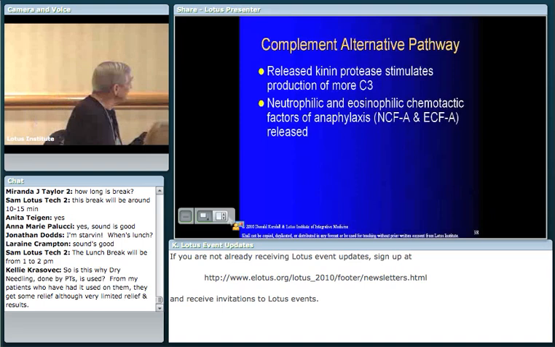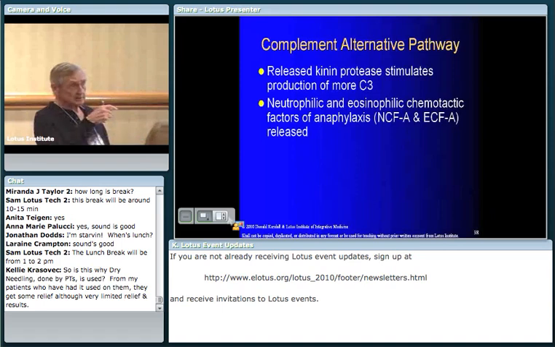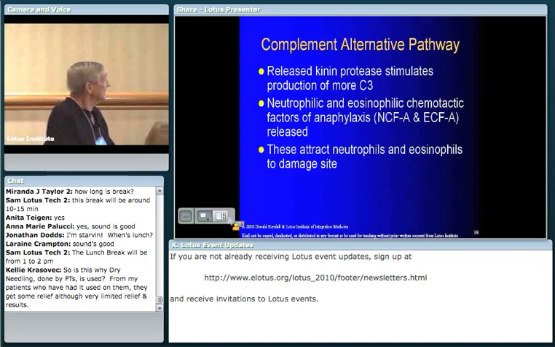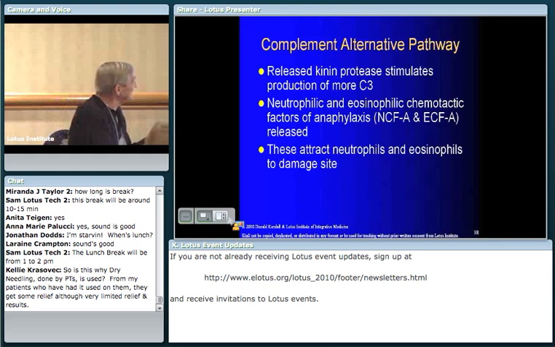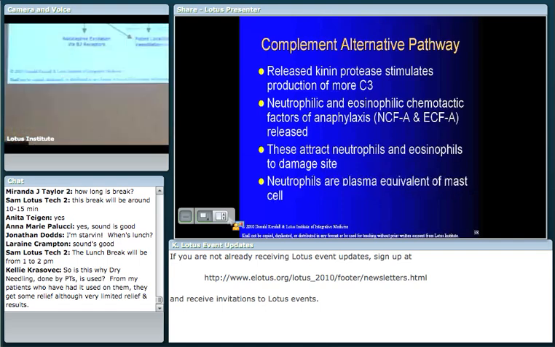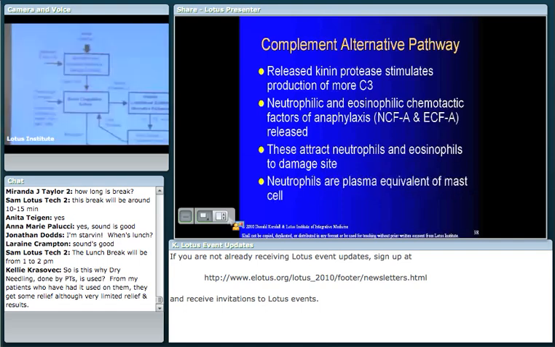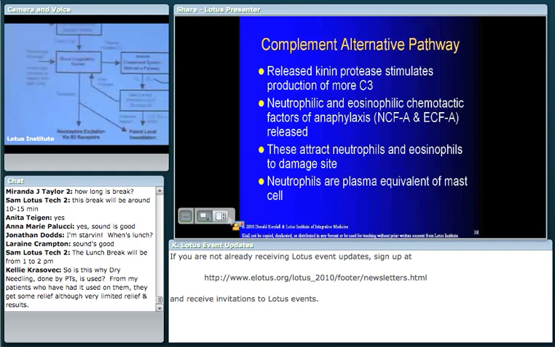And then the bradykinin also is a potent local vasodilator. We're squirting the bradykinin on the capillary bed below the acupuncture node. Then we got the C3. C3 gets amplified, so you get more C3. So by this time you get a very potent amplification of this little bitty tissue trauma.